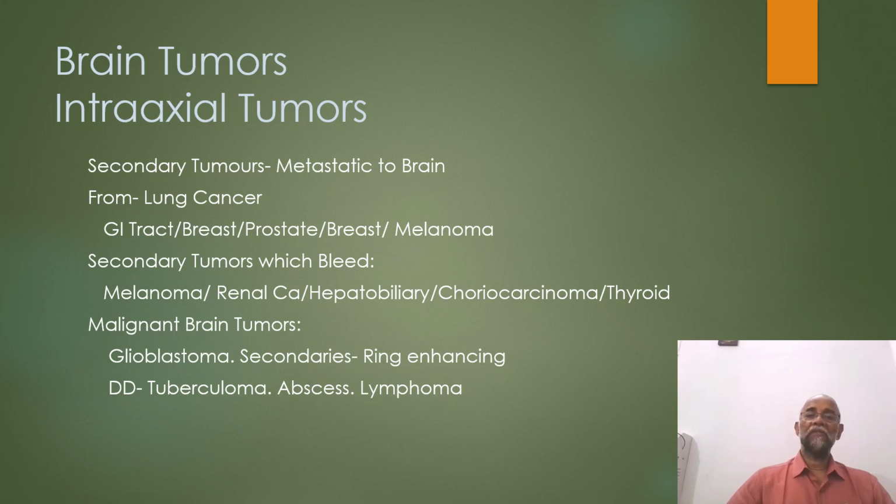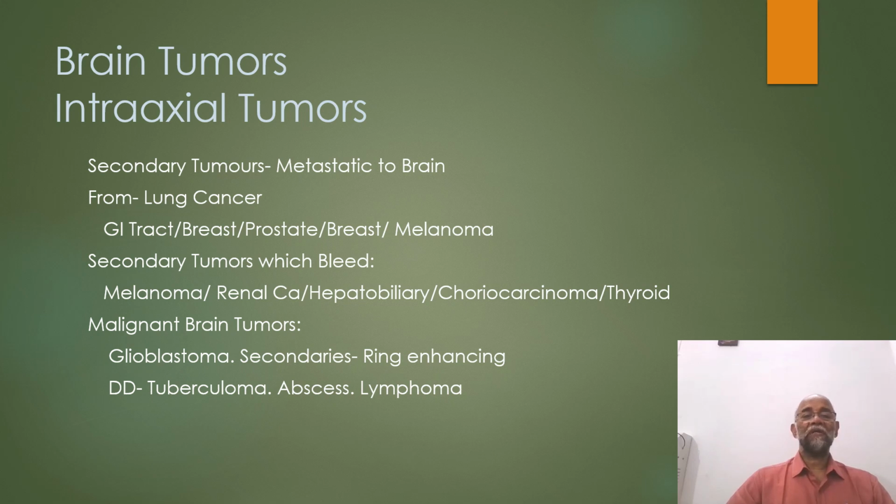Secondary intraaxial brain tumors are tumors which have metastasized to the brain. Common sites of primary include lung cancer, cancers of the GI tract, breast cancer, prostate cancer, and melanomas.